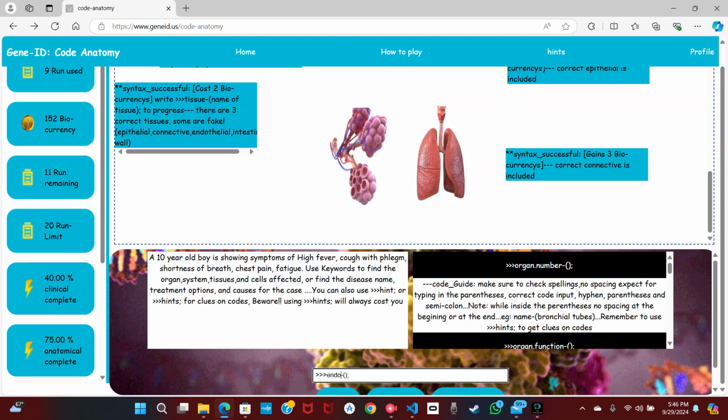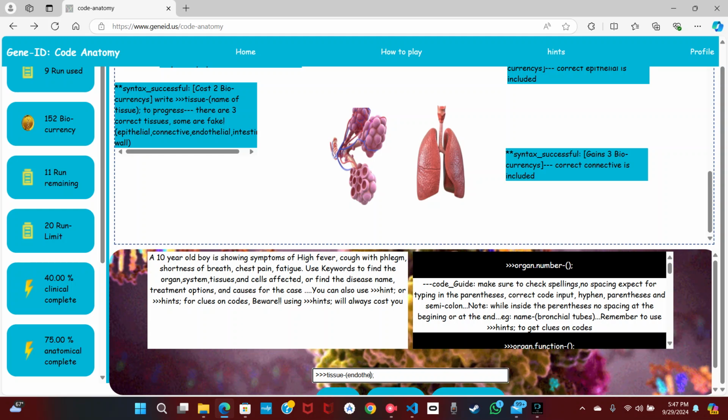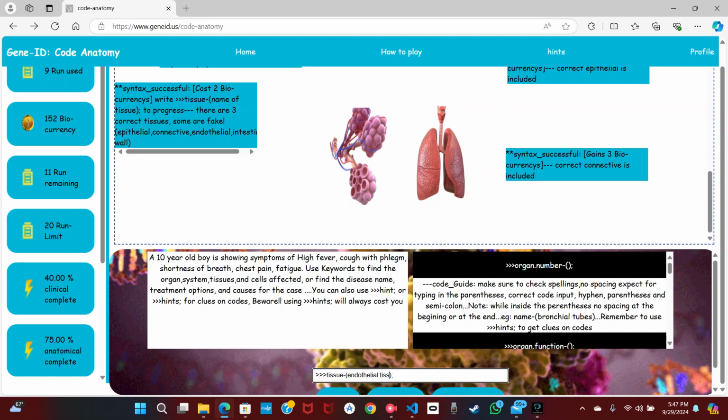endothelia. Endothelia could also be, my bad. All right, let's try this. Endothelia tissue. Make sure that your spelling is correct. You could put endothelia or you could put endothelial tissue, whichever one works for you.